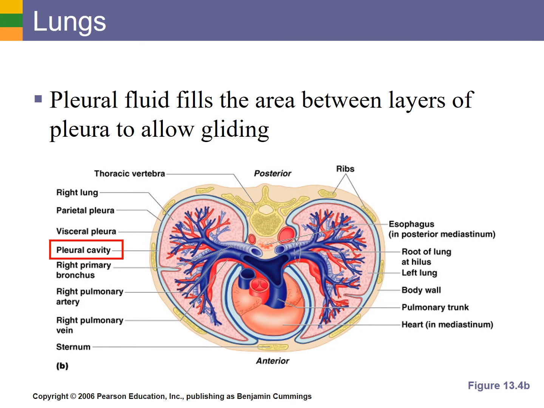Then between those two, you have a potential space which is filled with fluid called the pleural cavity. So this is very similar to what we saw in the peritoneal cavity with the digestive system and the pericardial cavity with respect to the heart.